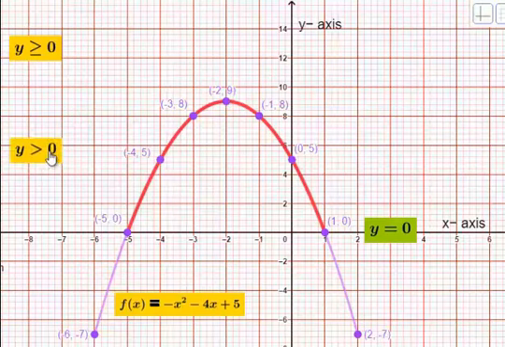When we talk of y greater than 0, we mean that those values with y greater than 0 should be included, and those with y being 0 should be excluded from our answer. I hope that is also understood.